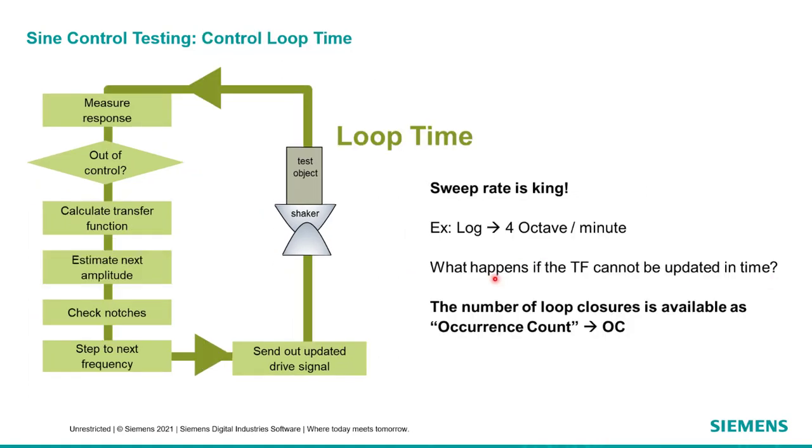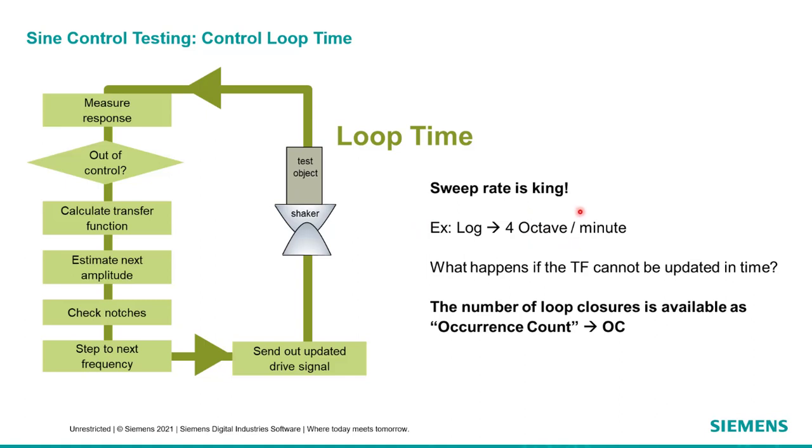As we're going through this control loop, we have a specified loop time. And I say sweep rate is king. So we never want to deviate from that sweep rate. It's 2 octaves per minute or 4 octaves per minute. No matter what happens in the control, we're always going to maintain that sweep rate.